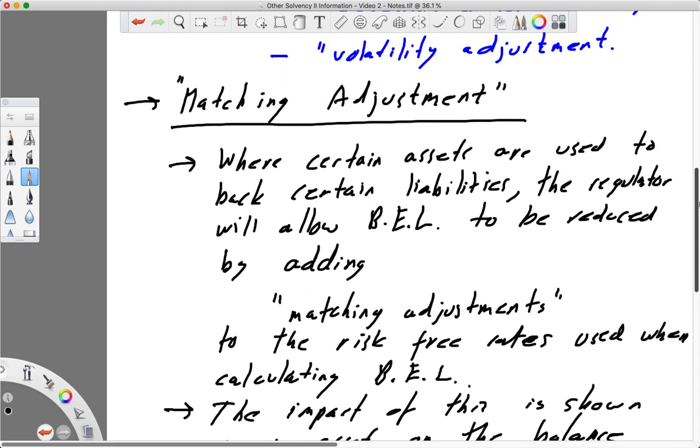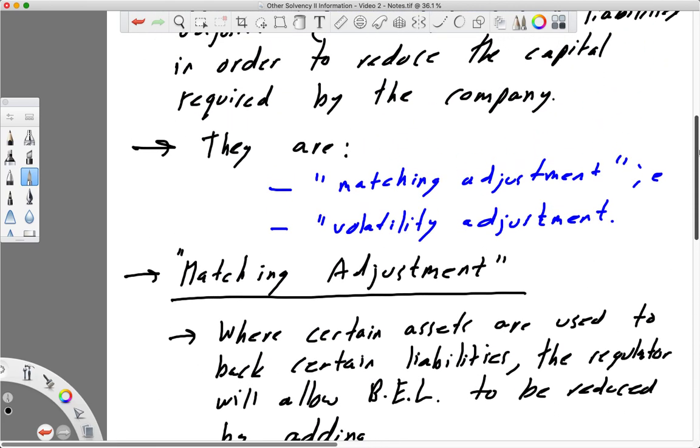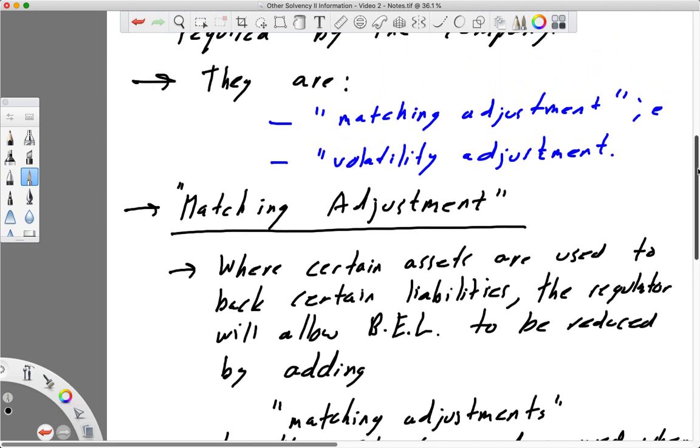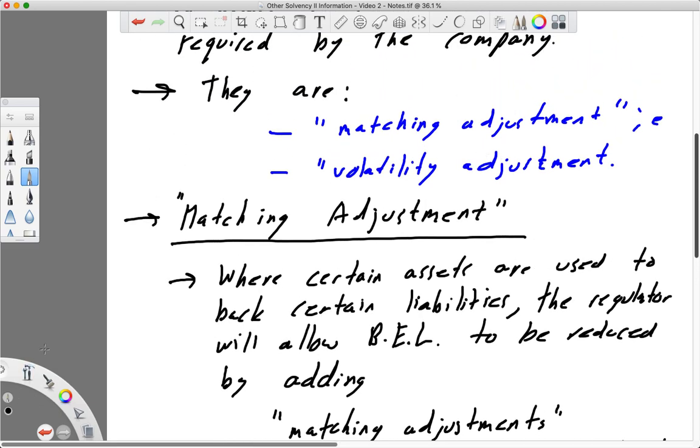The other one I want to cover is similar, in that again it's something that's added on to the risk-free rate, and it's called the volatility adjustment.